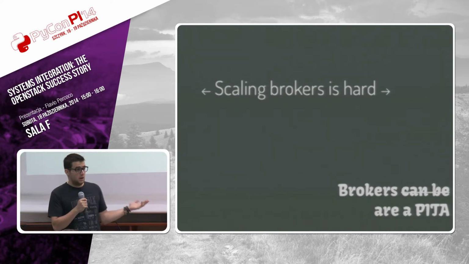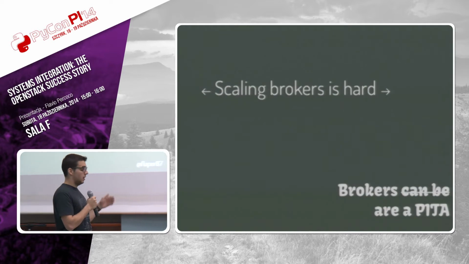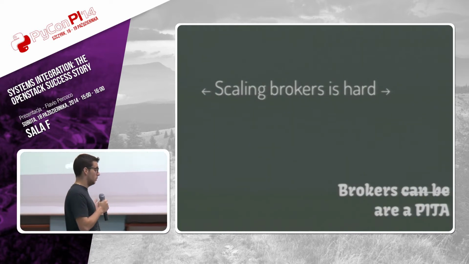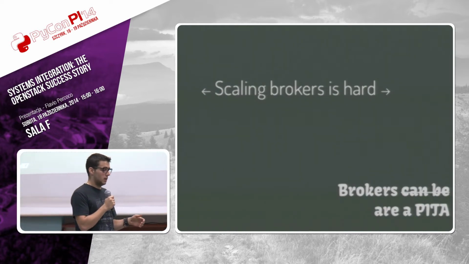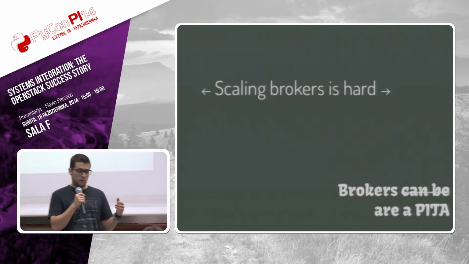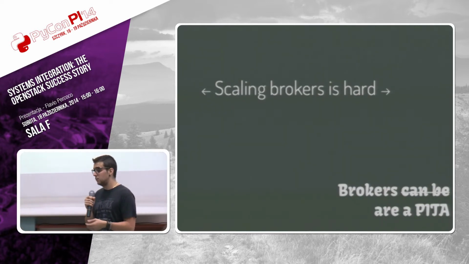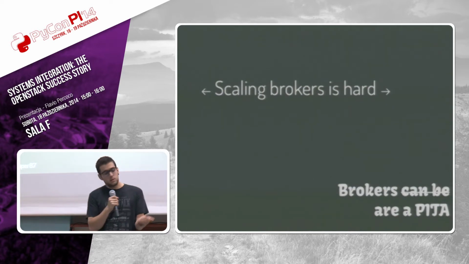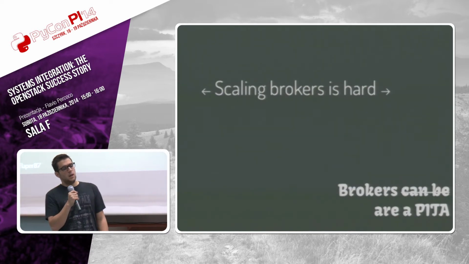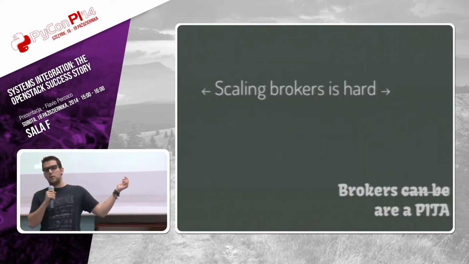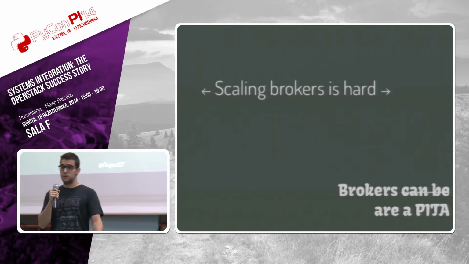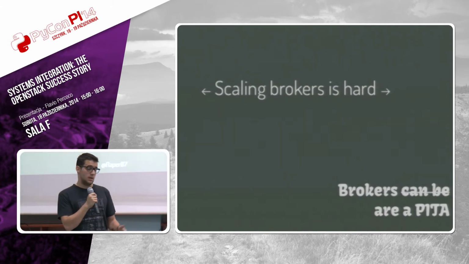Scaling brokers is hard, and I know it's documented in many different documentations. RabbitMQ's website has it written down, and Qpid's website has it written down, and they all claim that scaling brokers is a problem solved, and you can do that very easily. That's not true.